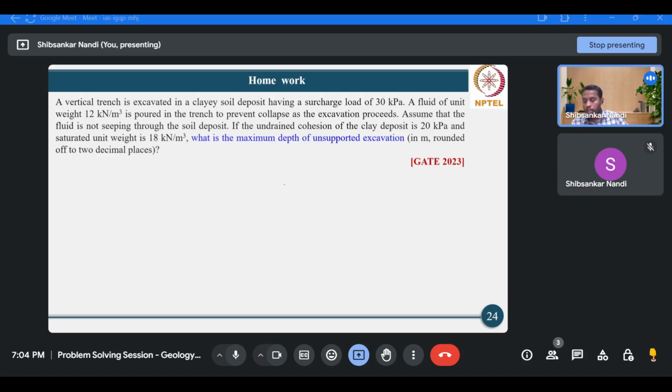To answer this question, as you know, the deposit is clay, and in a clay deposit there is a chance of formation of a tension crack. Up to that tension crack, the pressure is negative. Suppose this is Z0, the depth of the tension crack.